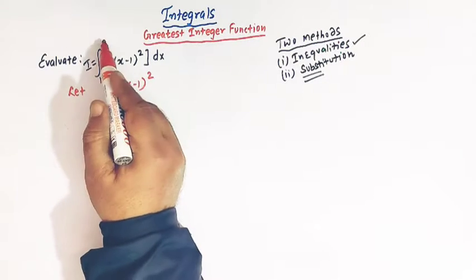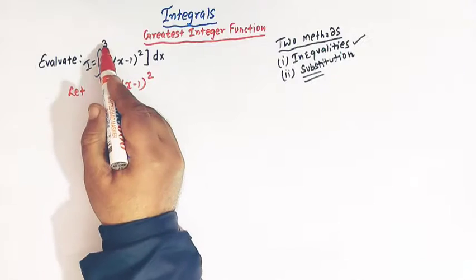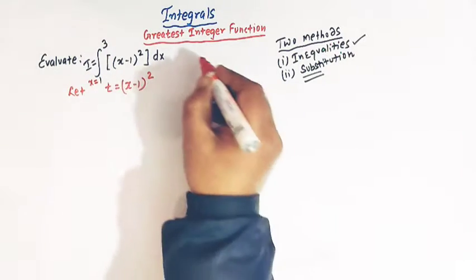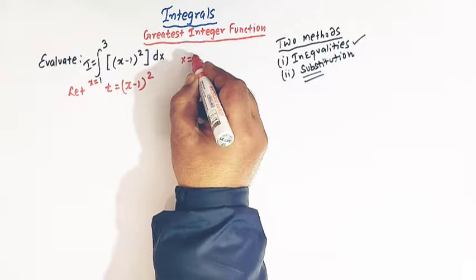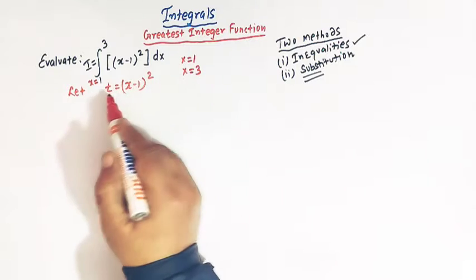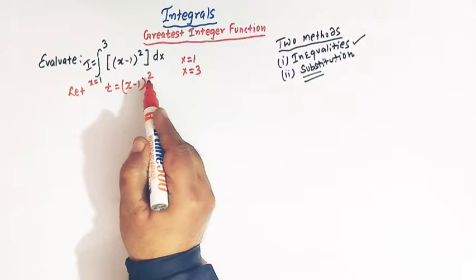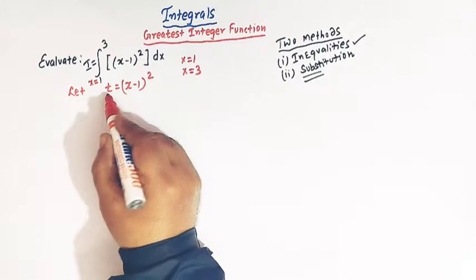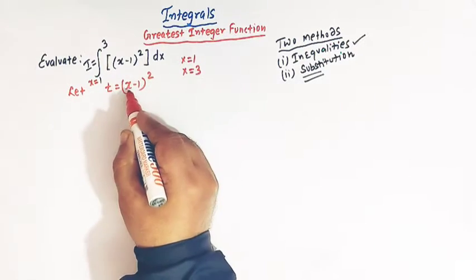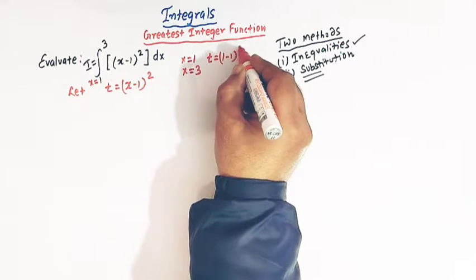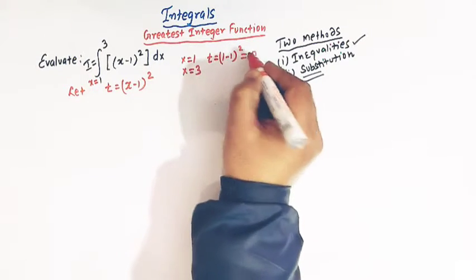Remember, the lower limit is 1 and the upper limit is 3, so x varies from 1 to 3. When x is 1, t is (1 minus 1) whole square, that is simply 0.